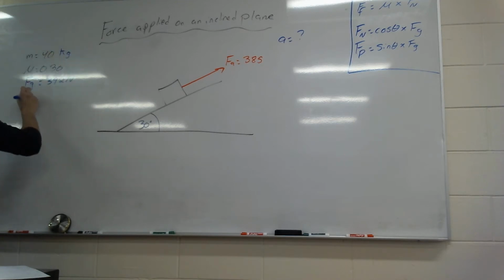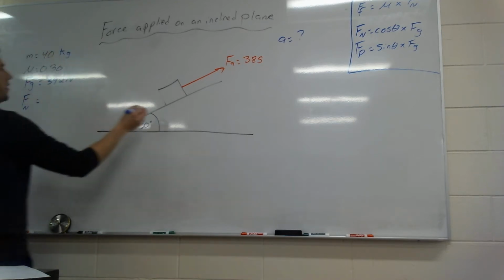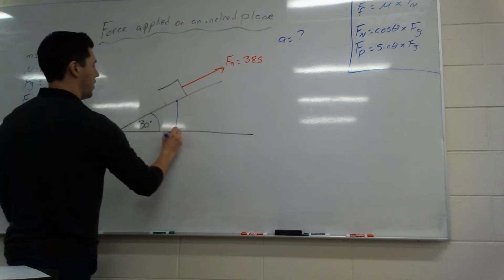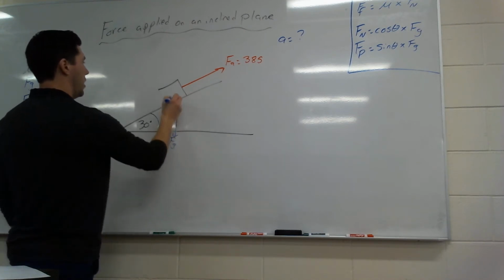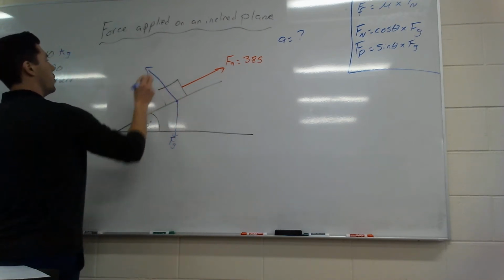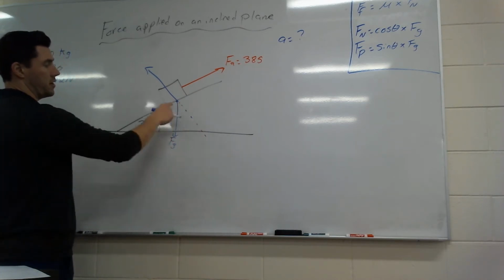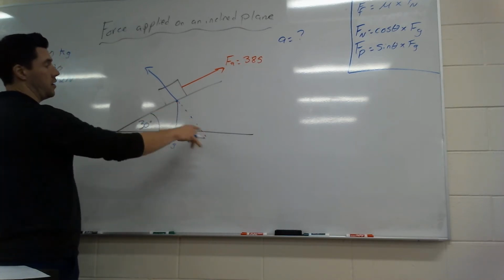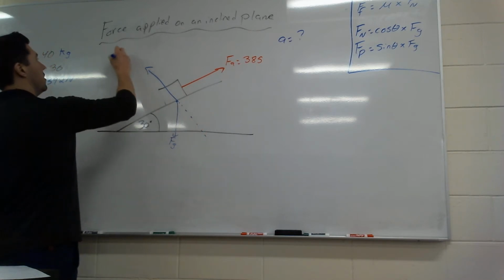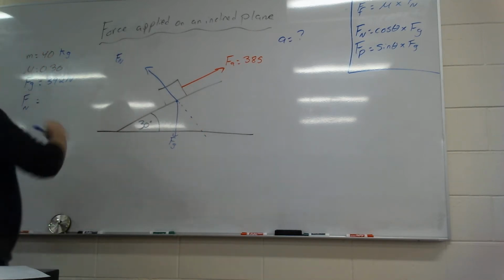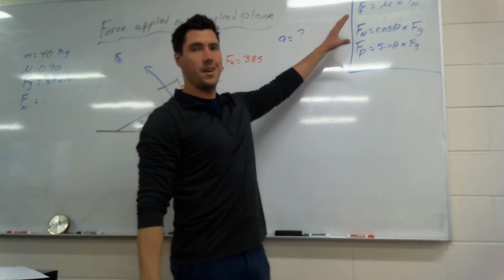All right, next I want to find force normal. I found force of gravity, and force normal is this, where we're breaking force of gravity into the dotted line to get force normal. I have our little formulas over here for this week for inclined planes.